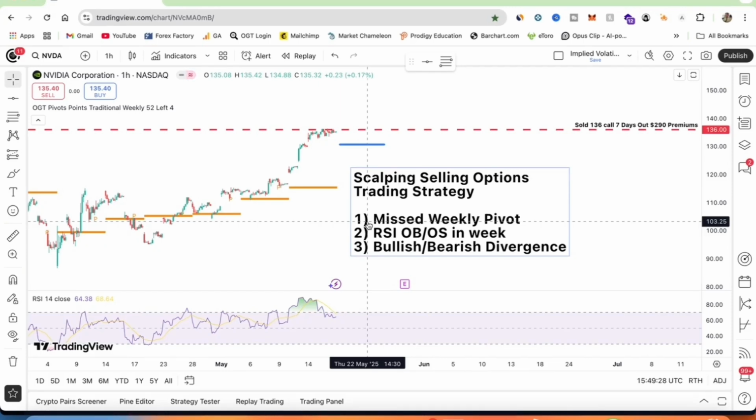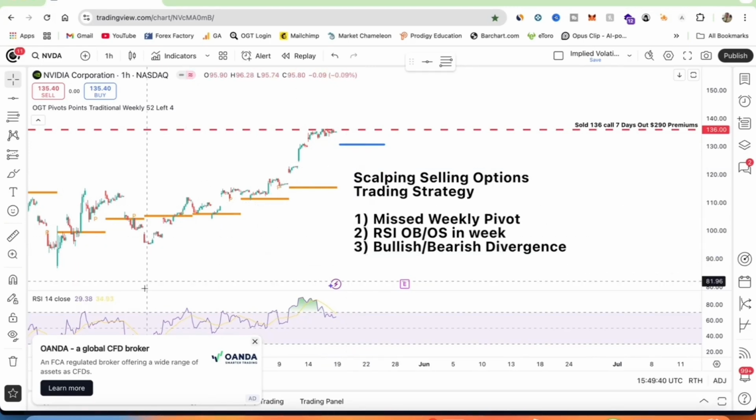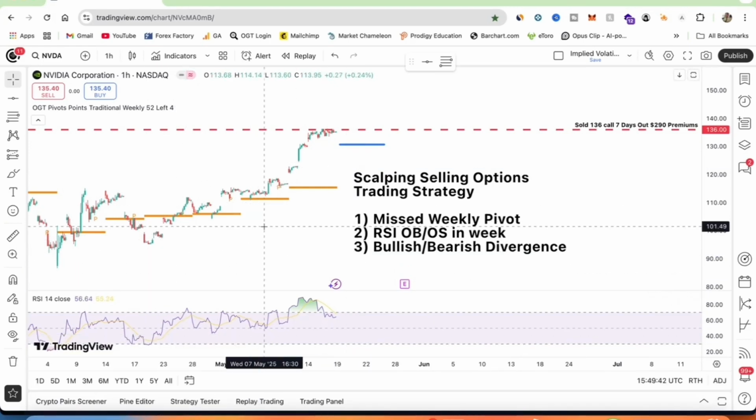I'm a big believer in pivot points, whether it's daily, weekly, monthly, yearly, whatever that may be, and the percentage chance of those pivots being hit in the time period we're talking about. So in this example, with weekly pivots, the more opportunity we have to get some reversal or volatility inside the market, especially when we have a missed pivot.